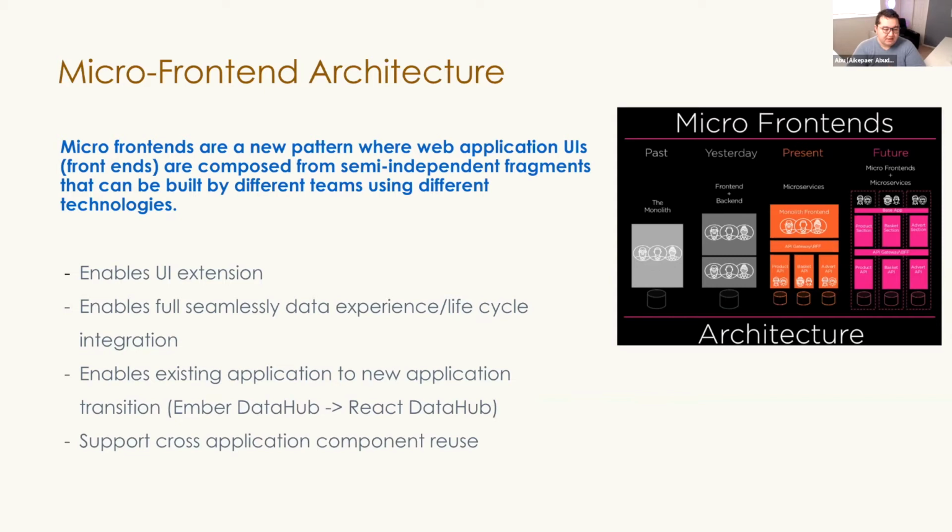And last but not least is enabling cross-application component reuse. It is really tricky in UI development work. Like, hey, I want to reuse some component from another application. It is really tricky, and especially when it becomes a functional component, meaning it connects to the backend or connects to APIs, it's even harder. But with micro-frontends, it enables the whole magic.